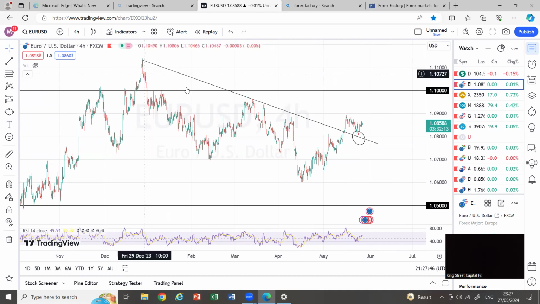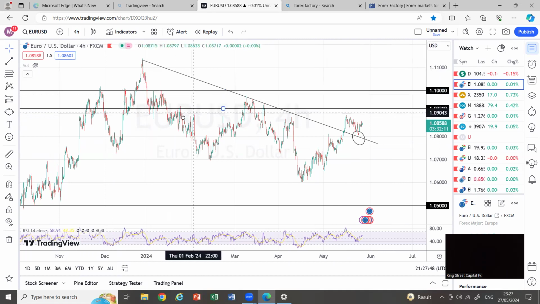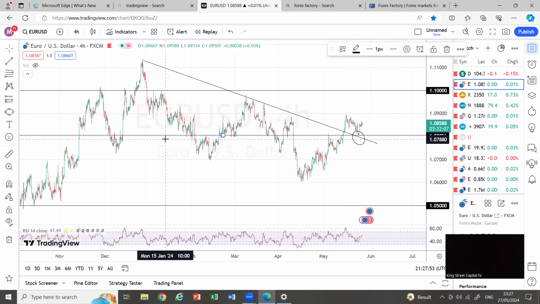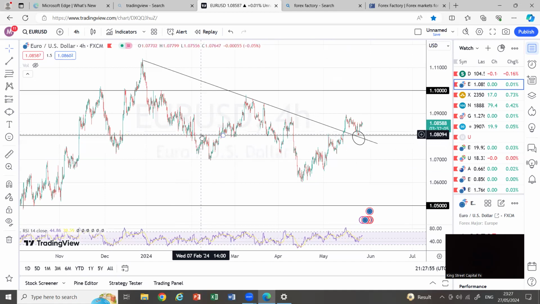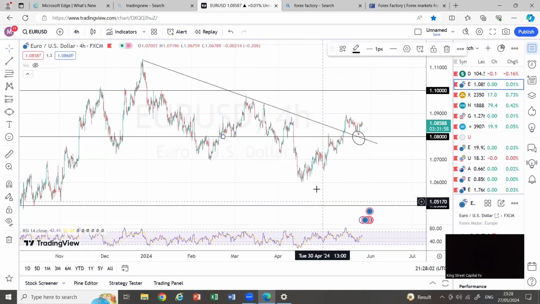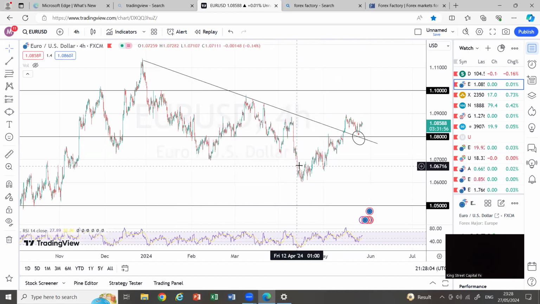Let's look at this level of 1.08000. Always get it to the number exactly. I like to be clear about that.